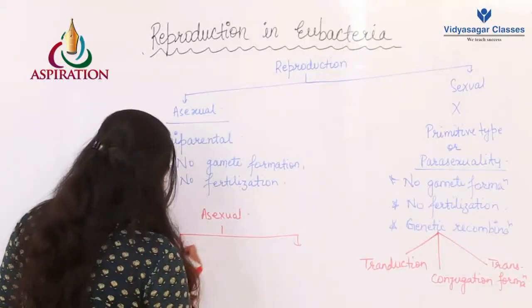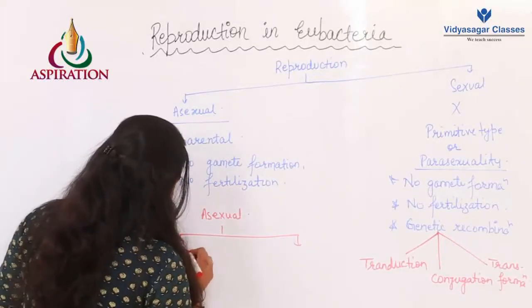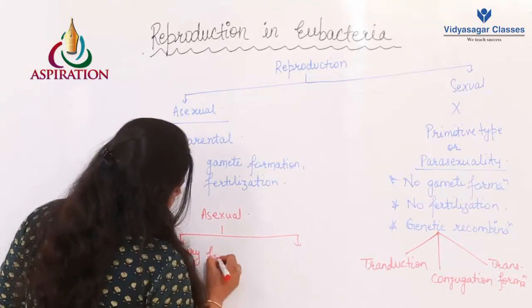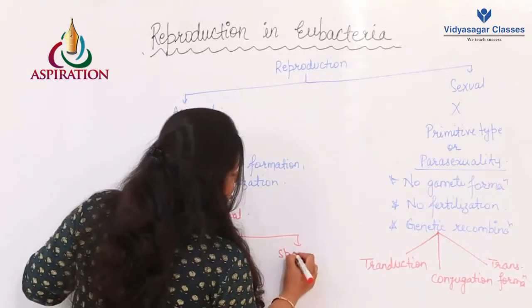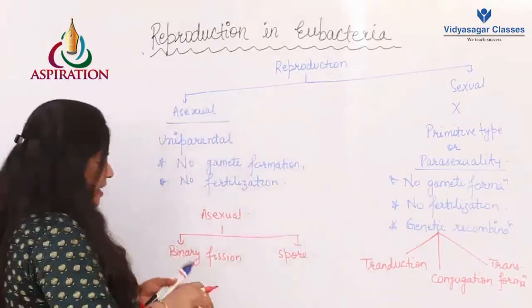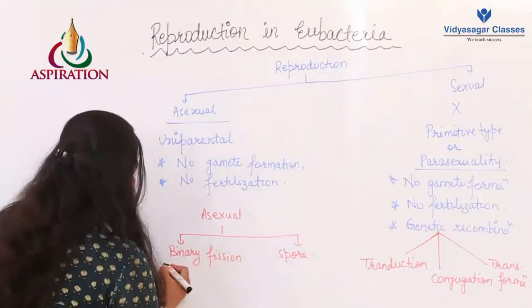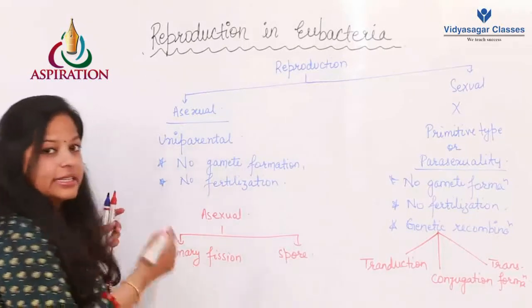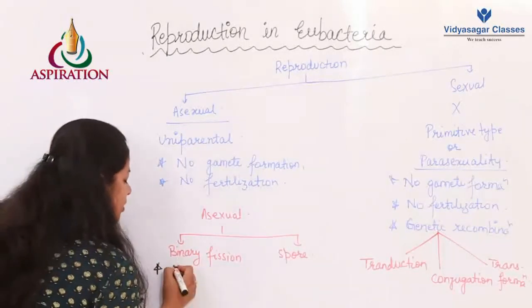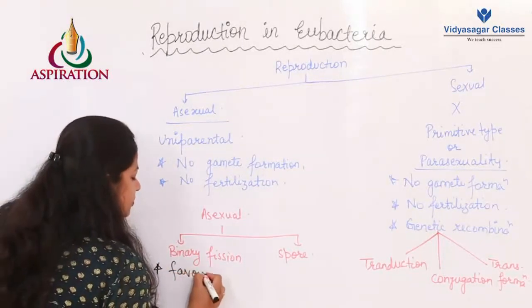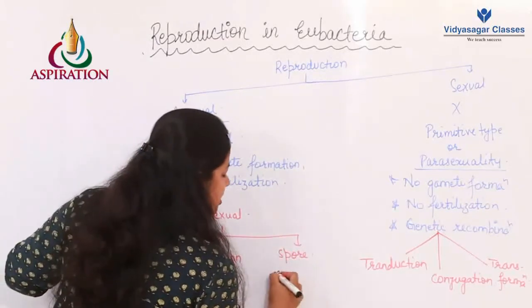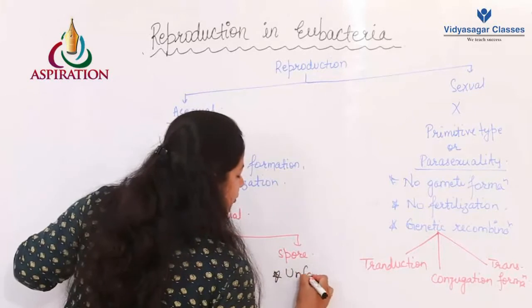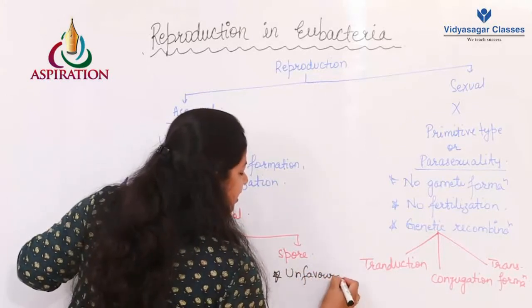It can be binary fission or it can be spore. Binary fission takes place when the environmental condition is favorable, and spore formation takes place in unfavorable environmental condition.